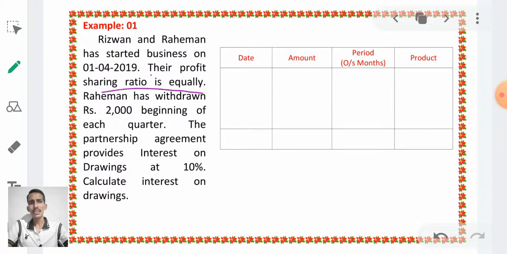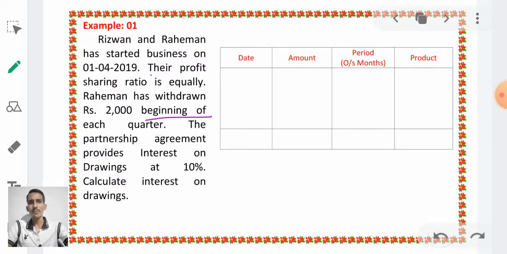Next, see here, Rahman has withdrawn rupees 2000 at the beginning of each quarter. You know that if the problem says beginning of each quarter, we have to take the dates 1/4, 1/7, 1/10 and 1/1. Is it clear? Okay.